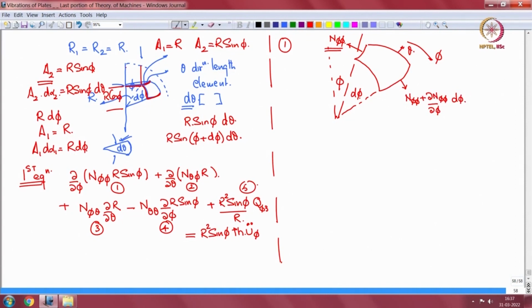Let us say we keep our local coordinate right at the center. Now we are going to match forces in the phi direction. This is my positive phi direction. What is the negative term? First of all, it is minus n phi phi, and it has to be made into a force.